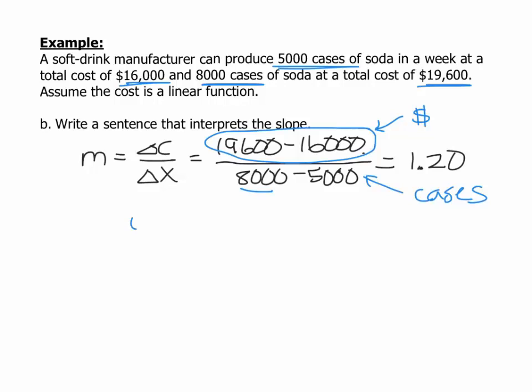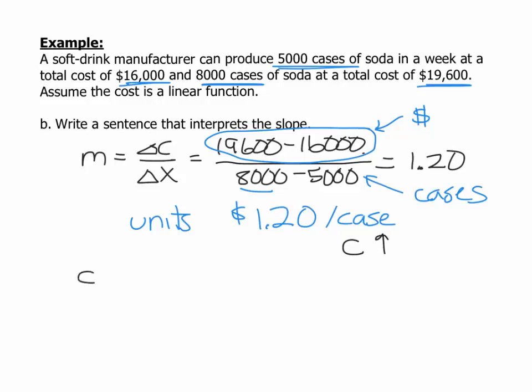So our units, we're going to have $1.20 per case. To write a sentence, there's a couple ways that we can do this. One way is we know that we have a positive slope here, so this tells us our cost should be increasing.